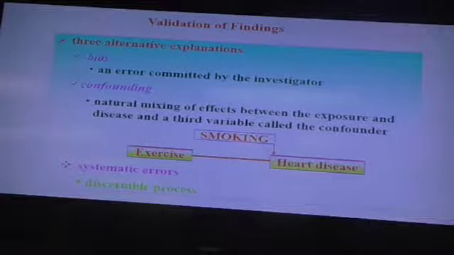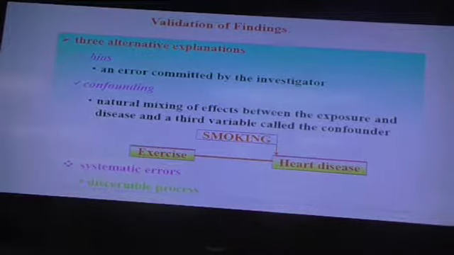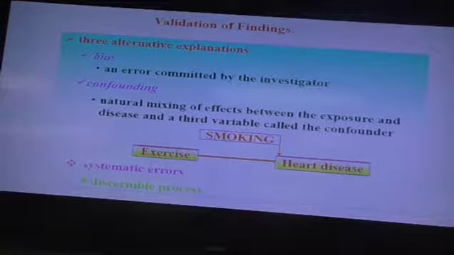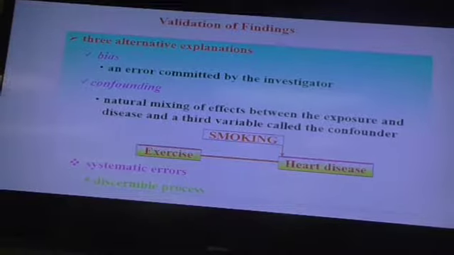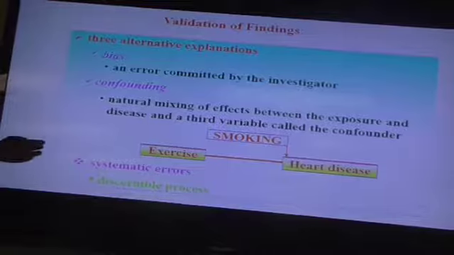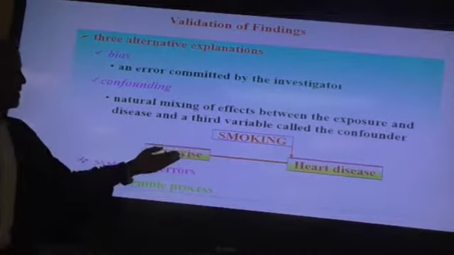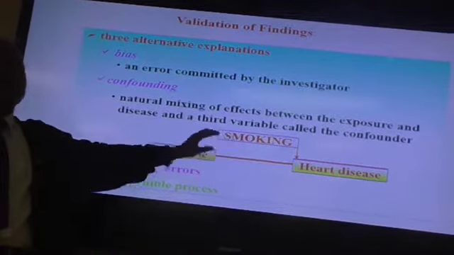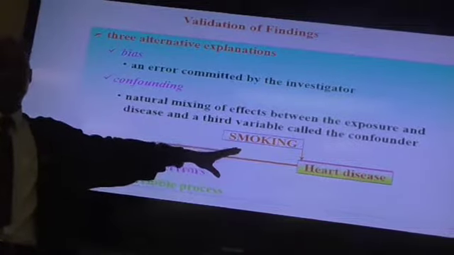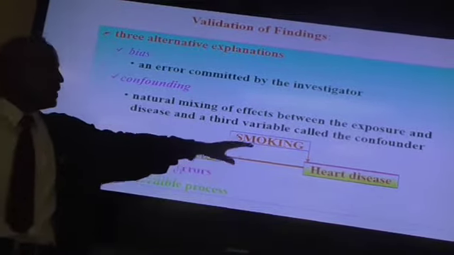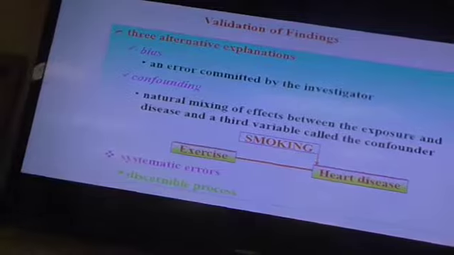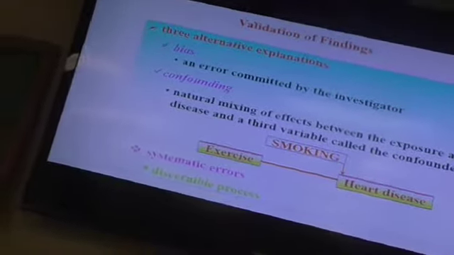But the issue comes if the two groups are different in their smoking status. As you know, smoking affects heart disease. So if these groups are already different in terms of their smoking status, then the study will be confounded. Smoking in this case is what we call a confounder variable.